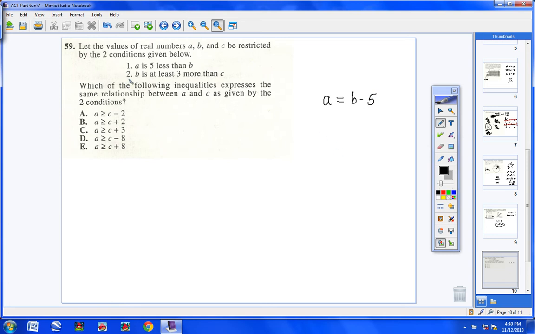Now condition number two, B is at least, so B is at least for sure 3 more than C. Three more than C.